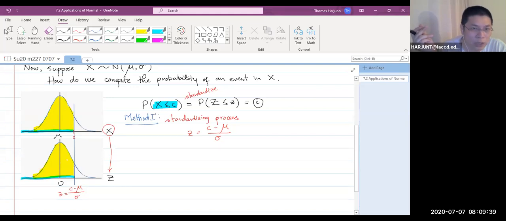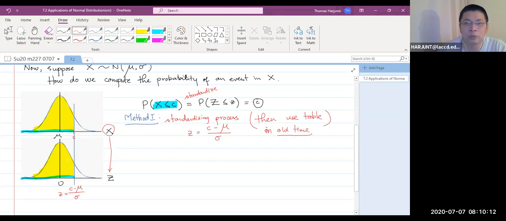In my old tests, to compute probabilities of a normal distribution, I wanted them to use the standardizing process first and then use the table.